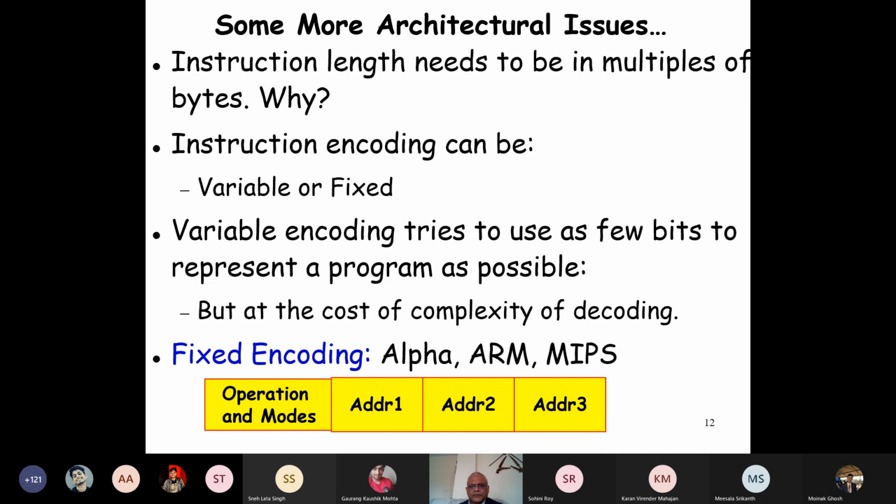The complexity of decoding becomes very inefficient. Whereas in a fixed encoding, each instruction is, say, 2 bytes or 4 bytes, so it just gets that directly and decodes it. So almost every processor now uses fixed encoding.